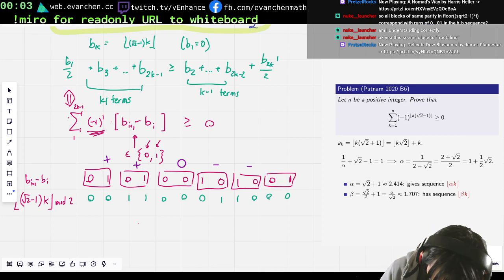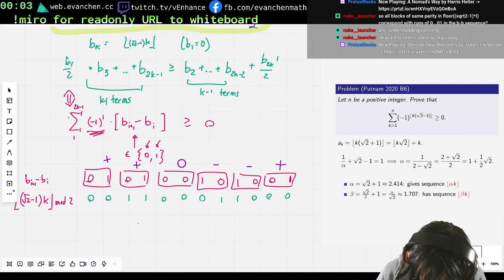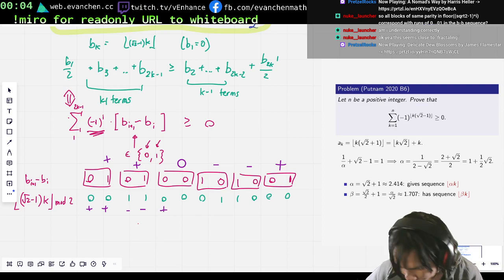And this is like plus. And this is plus, plus, minus, minus. So if I throw out the zeros, plus. Yeah, I think it's the same sequence.